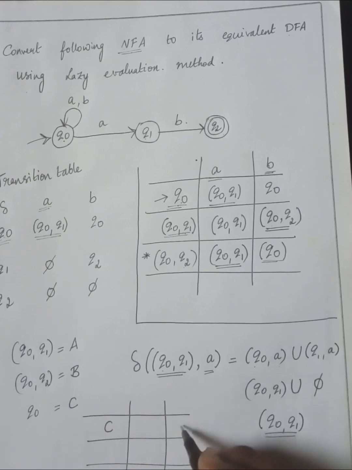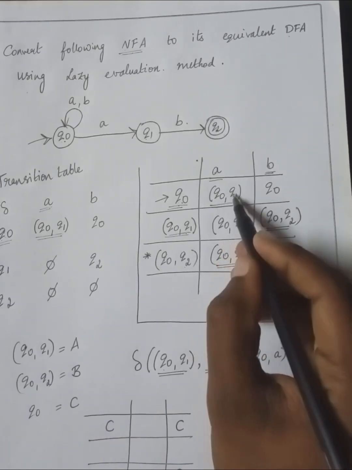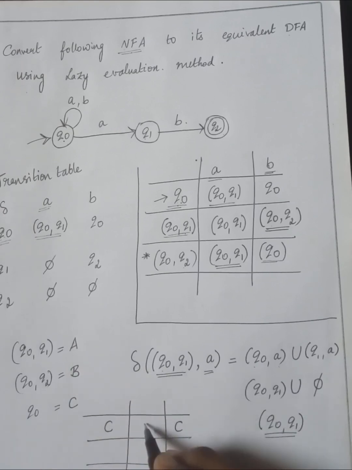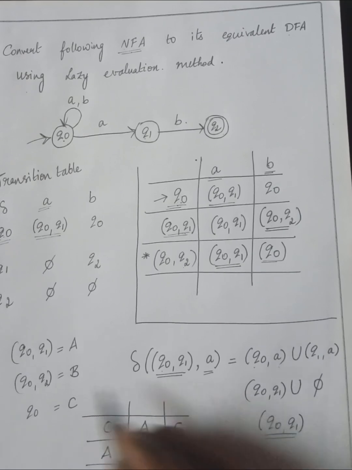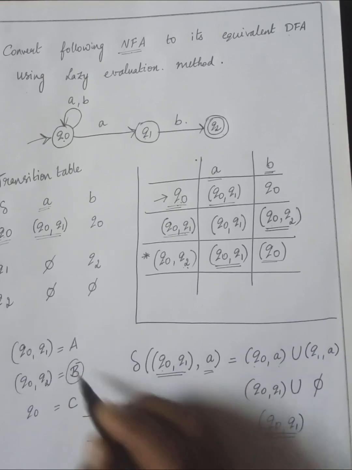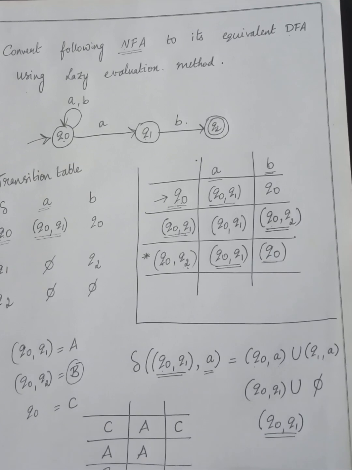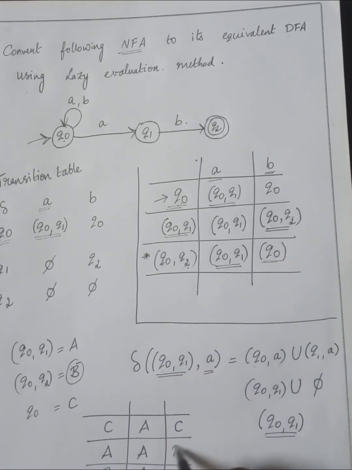So C state and C state. Wherever we have Q0, Q1, we can declare it as A state. In the same way, wherever we have Q0, Q2, we can consider them as B state.